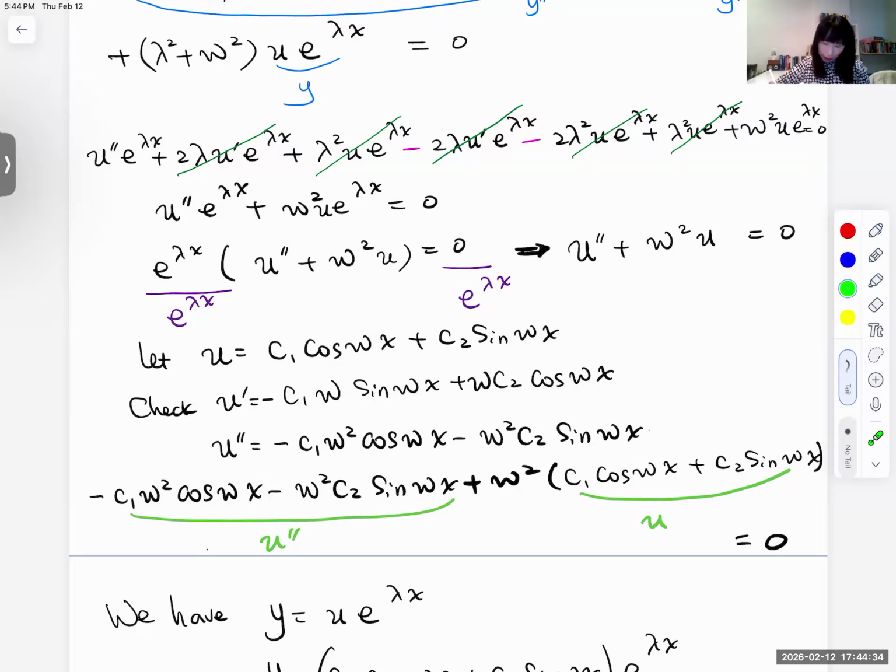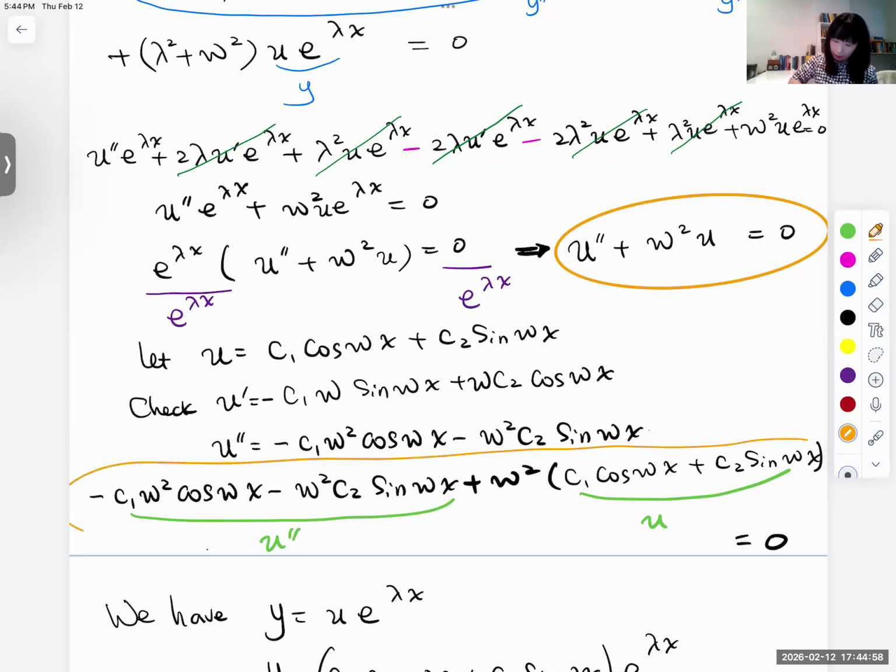Okay. Now we want to show that this one equals 0, right? Whether it's a true statement or not. So that is the one. Make sense?